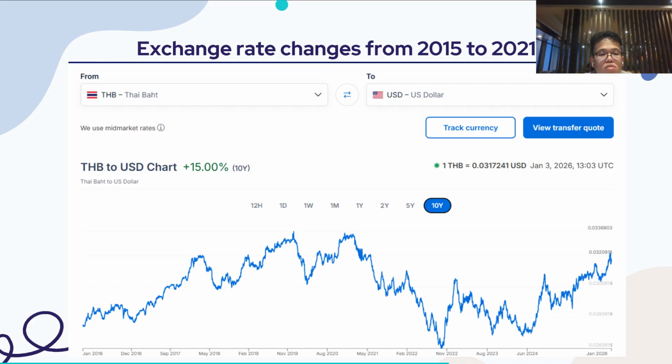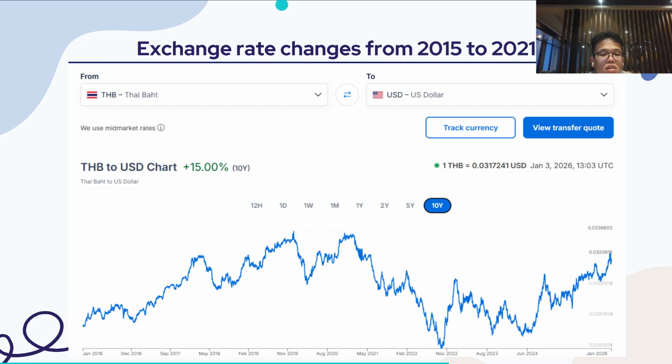The exchange rate trend is analyzed in stages. Stage 1 runs from early 2016 until late 2019, showing an upward trend during this period. The THB and USD exchange rate shows an overall upward trend.